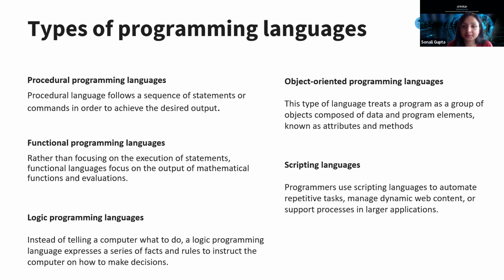What do you think? The text given there for scripting says that programmers use scripting languages to automate repetitive tasks, manage dynamic web content, or support processes in larger applications. Do you think that Python is a scripting language?